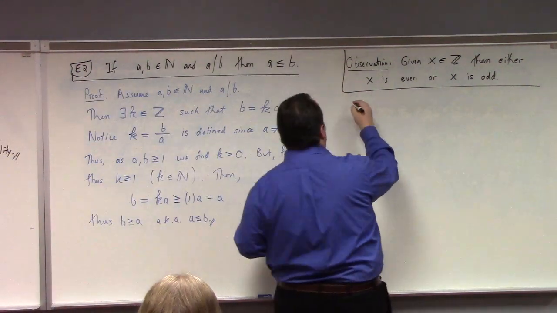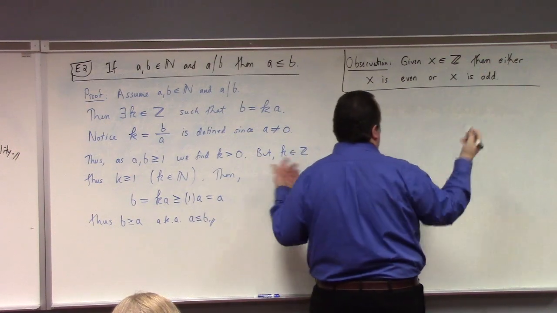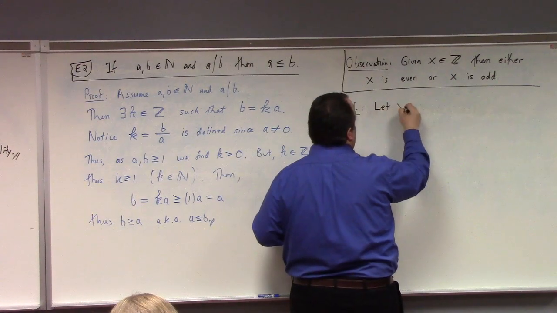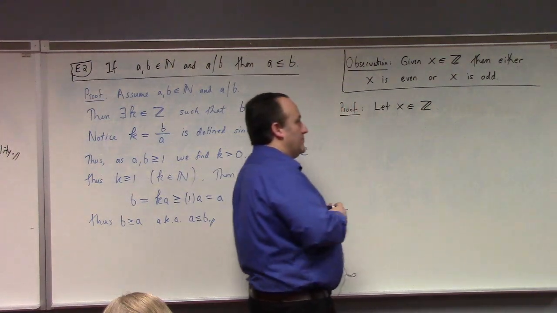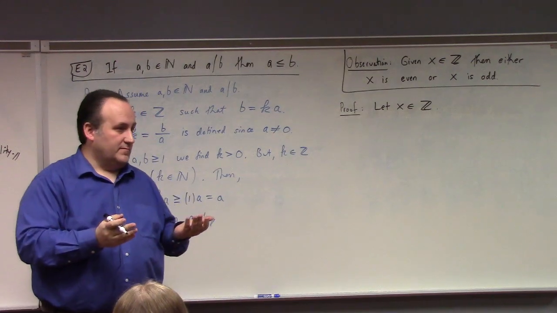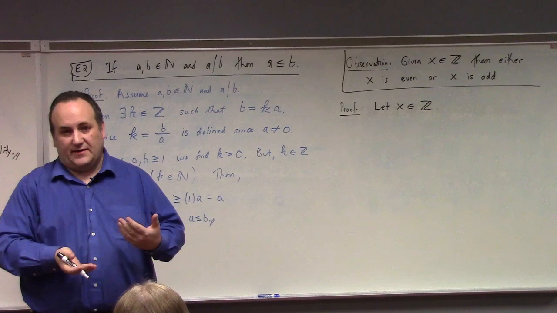All right, so here's the proof. And admittedly, this is putting the cart before the horse a little bit, but I have no choice. Let x be an integer. Think about this. Either 2 divides x, or 2 does not divide x.